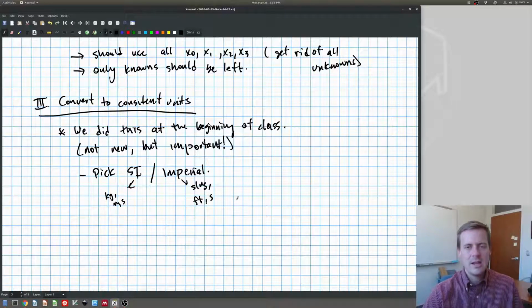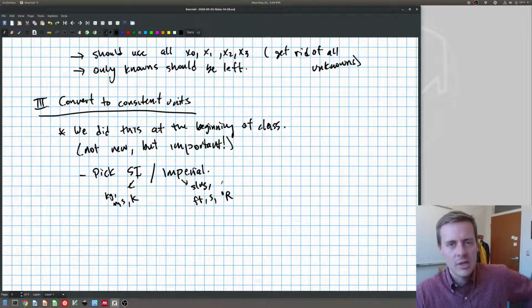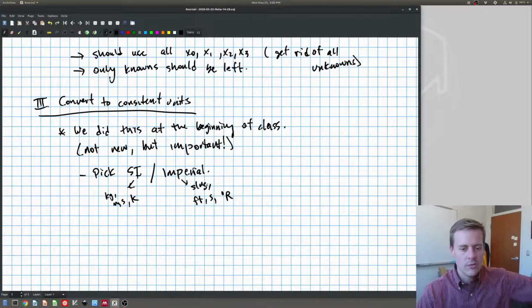And if you have to pick a temperature unit, you can have Kelvin over here, and over here you can have degree Rankine. Notice that these are absolute temperatures. For pretty much all problems in chemical engineering, you can convert them into these units. You've got a mass, a length, a time, and a temperature.